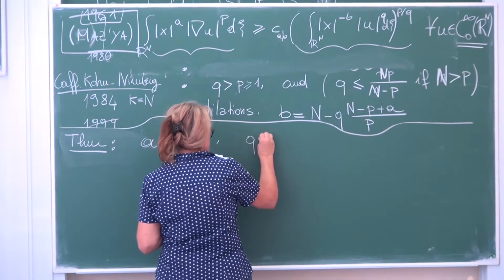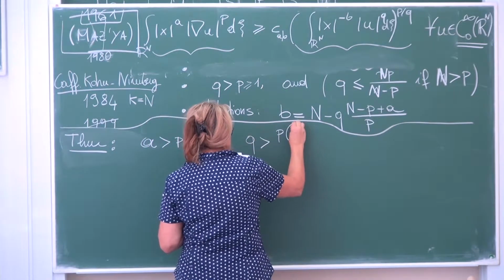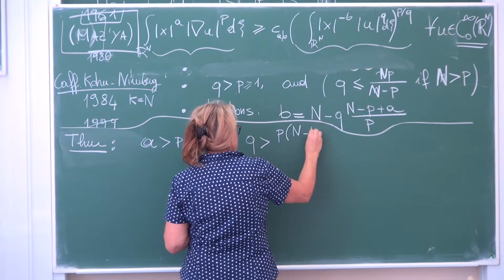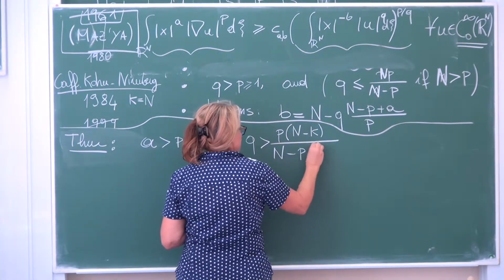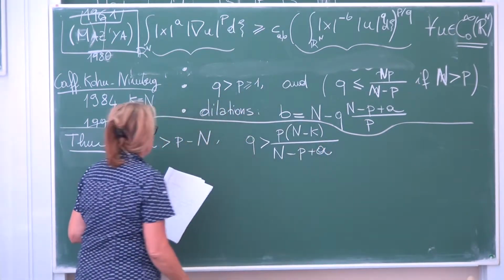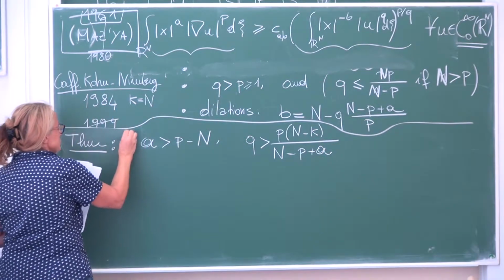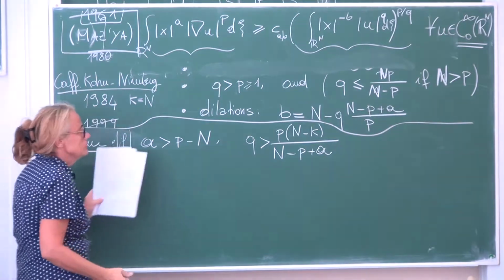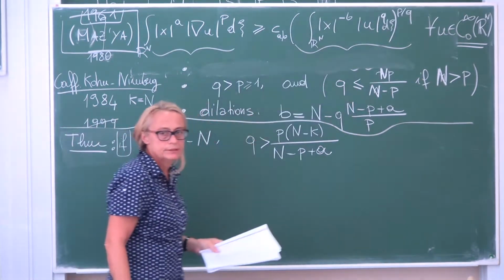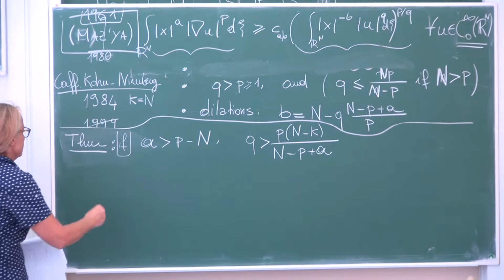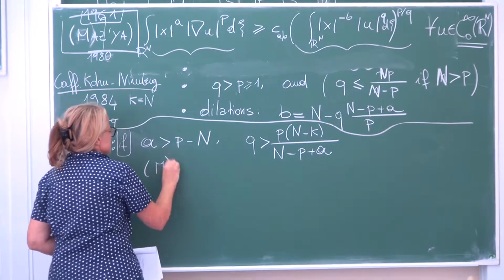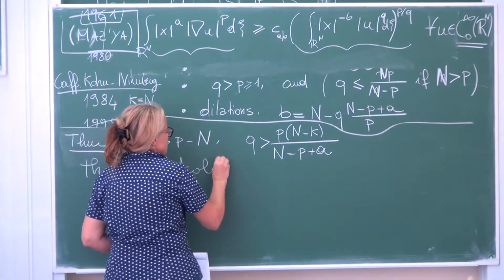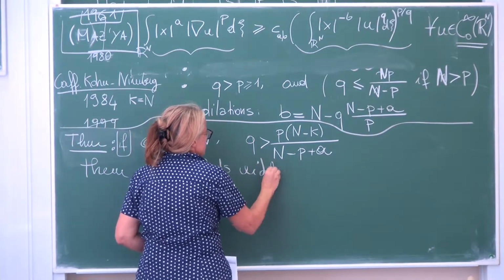And Q, but in this case, you also need that Q is greater than N minus K over N minus P plus A. Those two extra assumptions are needed in order to have that the weights are locally integrable. Then the Maz'ya inequality holds with a positive constant.